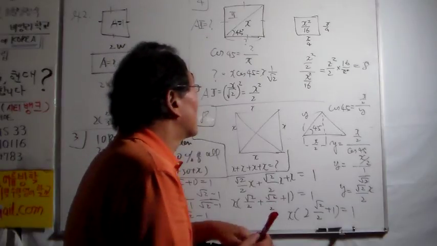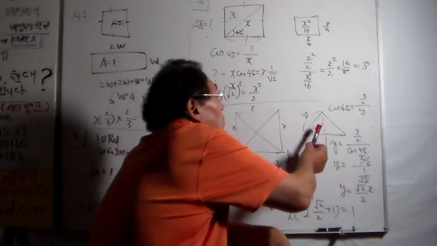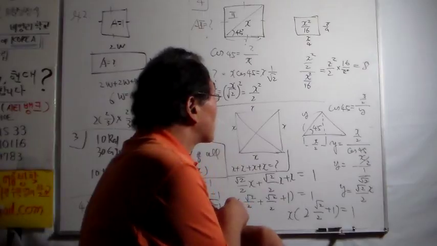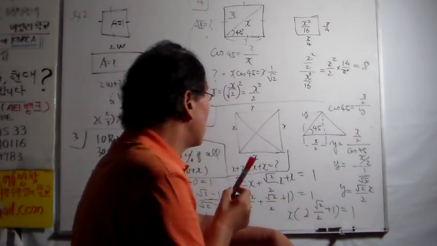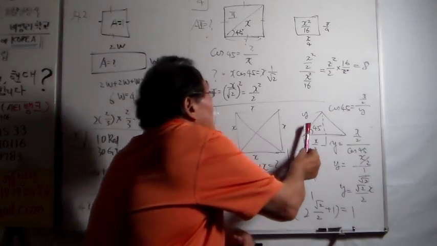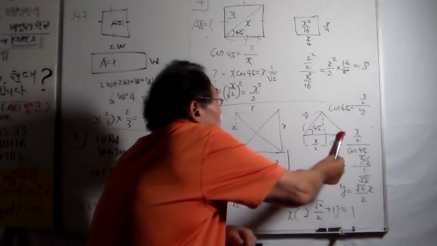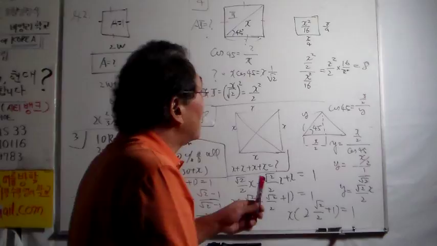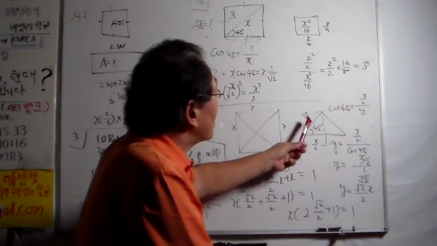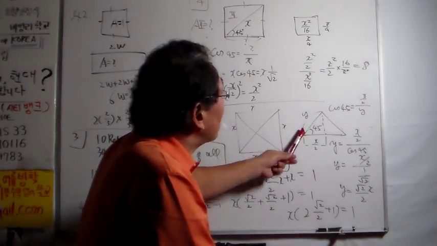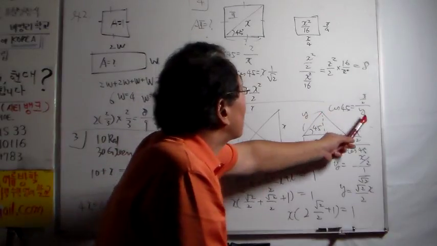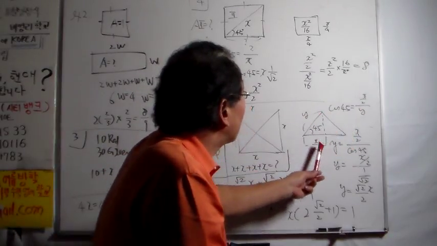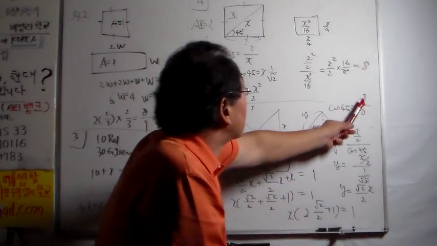Because one piece of information is that this length is 1, we have to find out what y is. Cosine 45 has the first part downstairs, then automatically this one is upstairs.